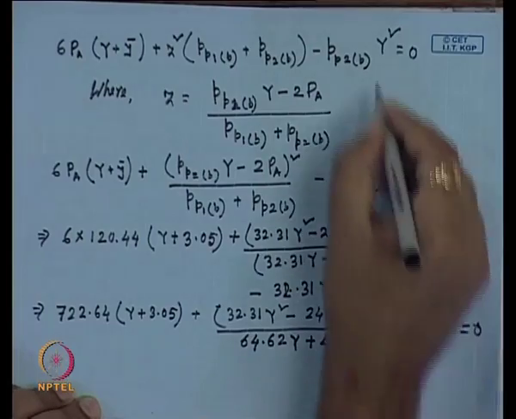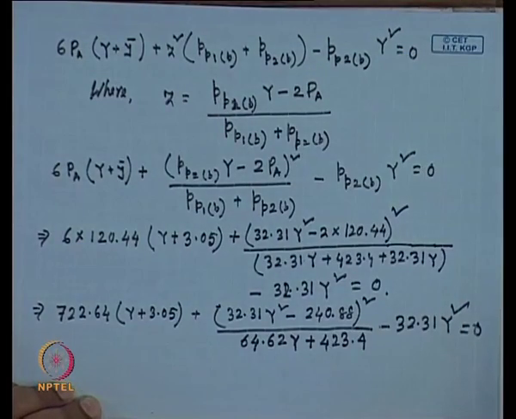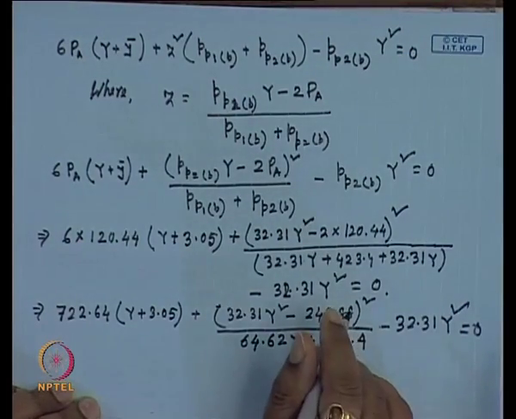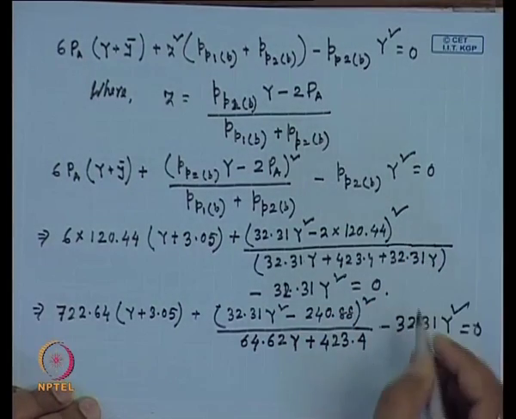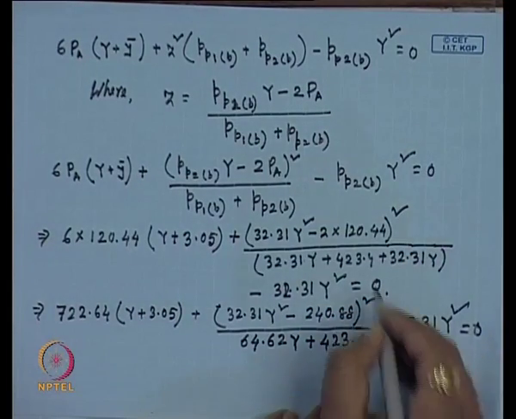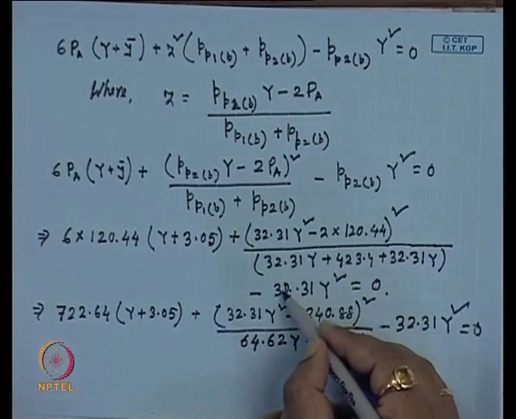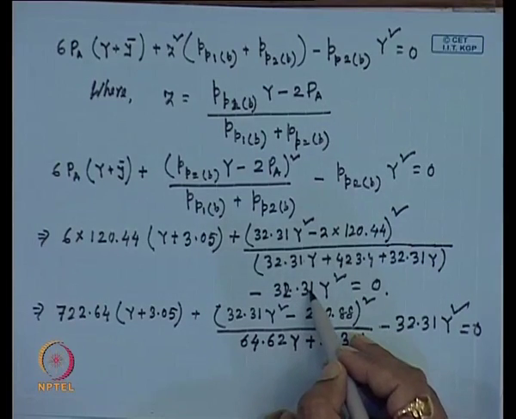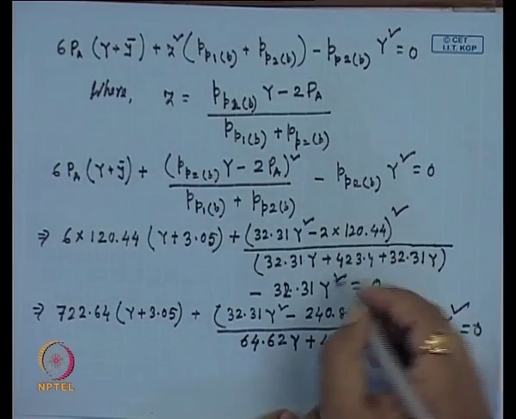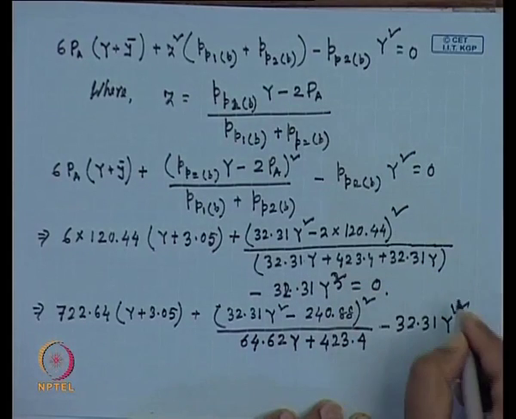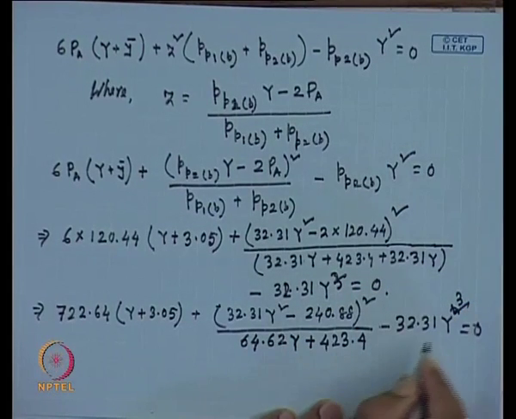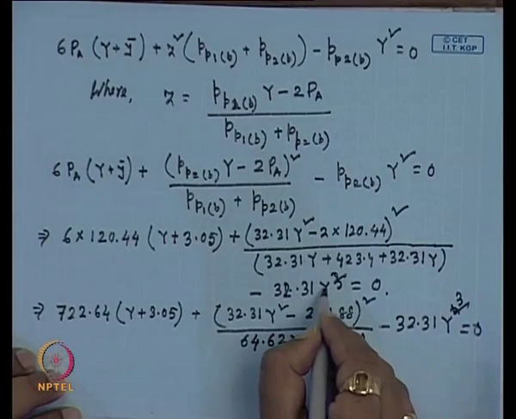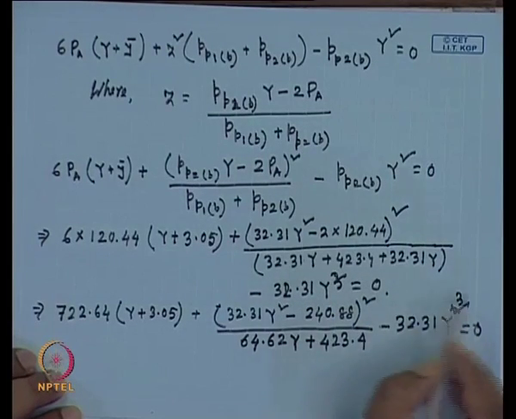I am sorry, for this expression P_P2B is 32.31 Y, so there is a Y square, so this will be Y cube. So, similarly, Y into Y square will be Y cube. So, Y to the power 4, then Y cube, Y square, Y, and a constant, in this form.